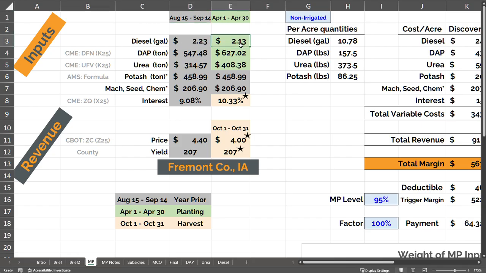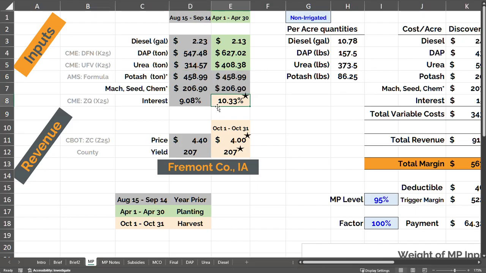Once we get to the springtime, then the diesel, DAP, and urea values are going to adjust to whatever those values are from April 1st to April 30th. The potash and the machine, seed, and chemical lines don't actually change from the fall to the spring. So those are just some variable costs that are set in stone.